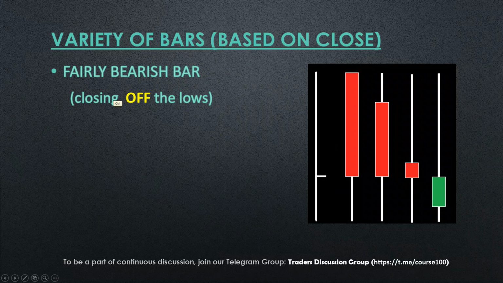The fourth type is fairly bearish, where my close is below the middle but off the lows. It's not near the lows. The price has moved up from the lows, but it's not able to cross the middle of the bar. Such bars we refer to as bearish bars.